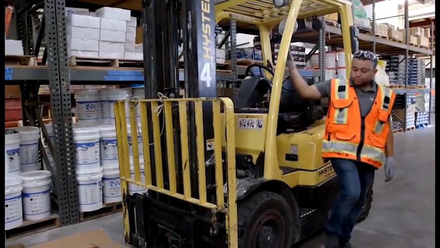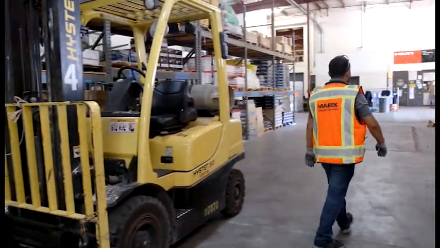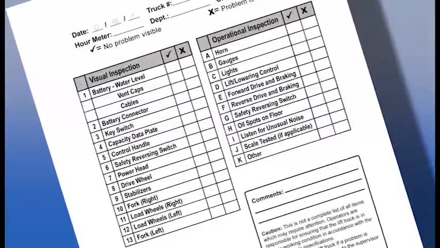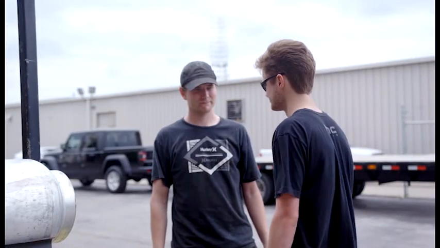If you find anything wrong while doing either inspection, write it down on the inspection sheet and report it to your supervisor. Never drive a truck with problems.